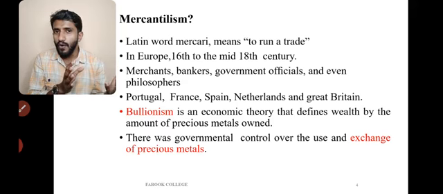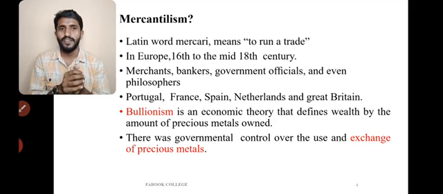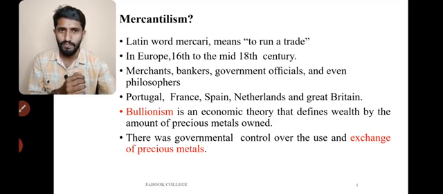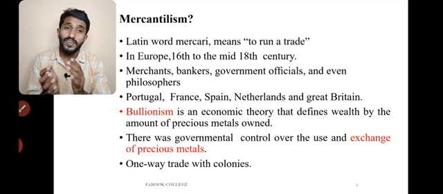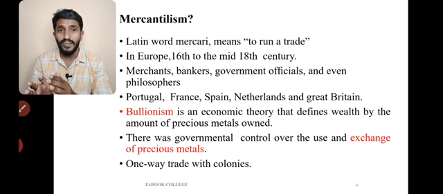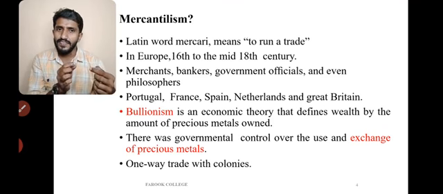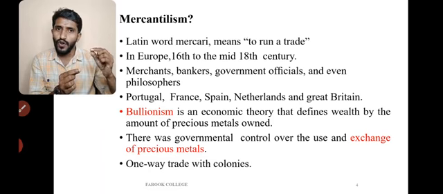Accumulating, holding more gold coins or any other coins, silver coins. This was the main idea of mercantilism. So it was promoting one-way trade with the colonies. This mercantilism is also connected with colonialism.